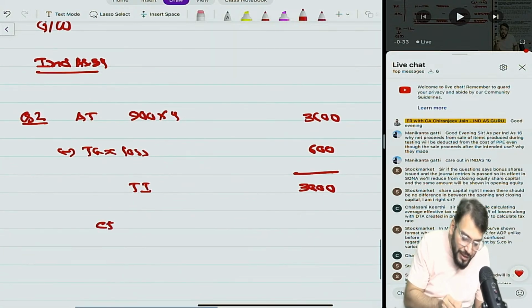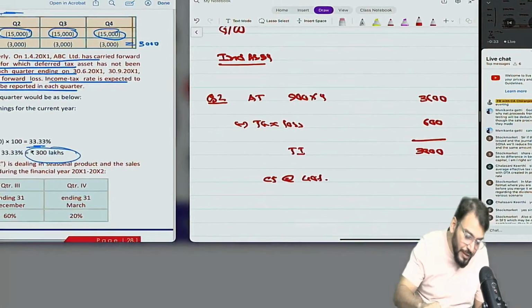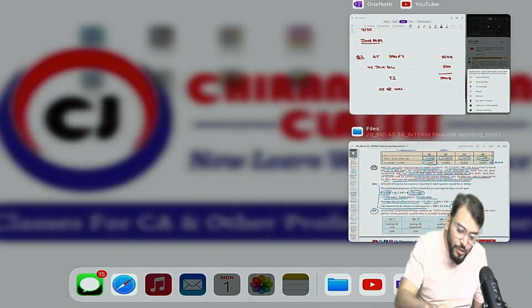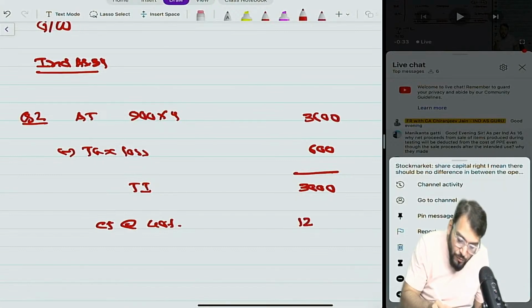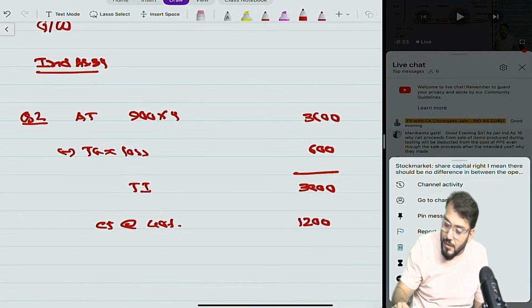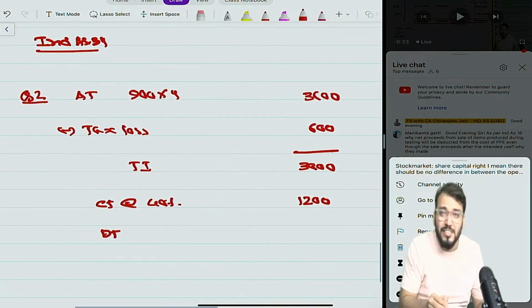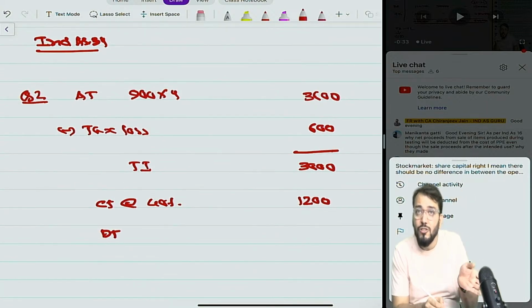On this we calculate current tax at a rate of 40%. 40% of 3000 is 1200. Correct? Yes, sir.